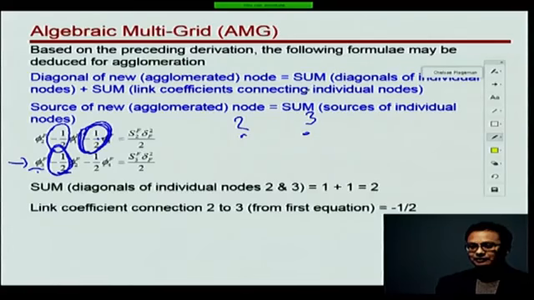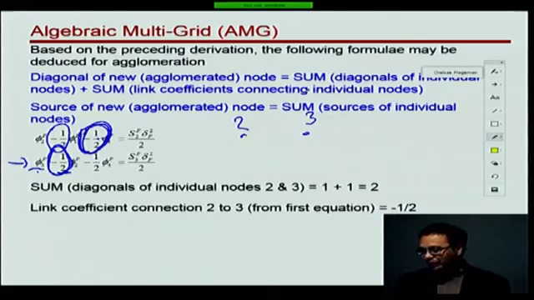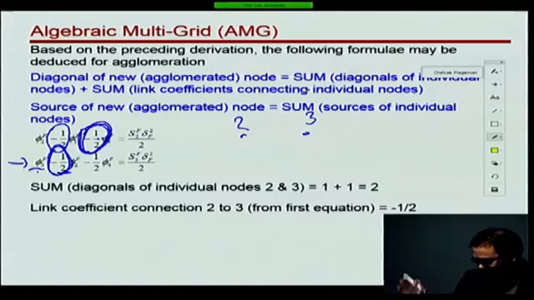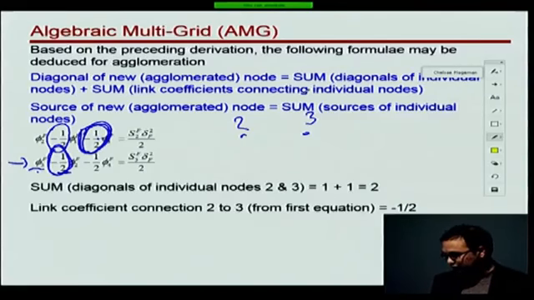That's what it means, and it comes from the physics. In a heat equation, for example, I'll show you in a moment. These coefficients are dictated by the physics, how strong these links are. Anyway, let's get back to the formula.